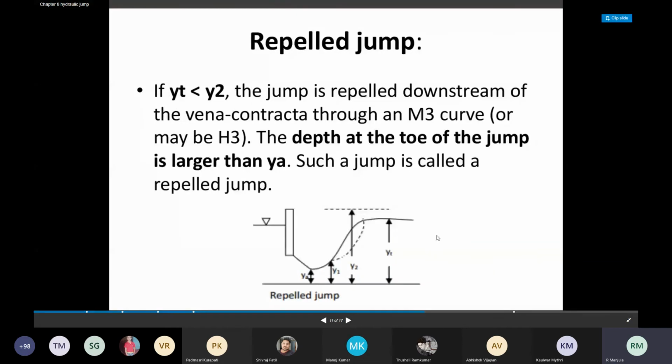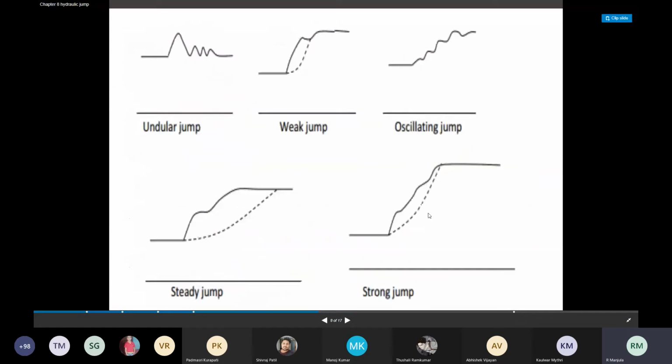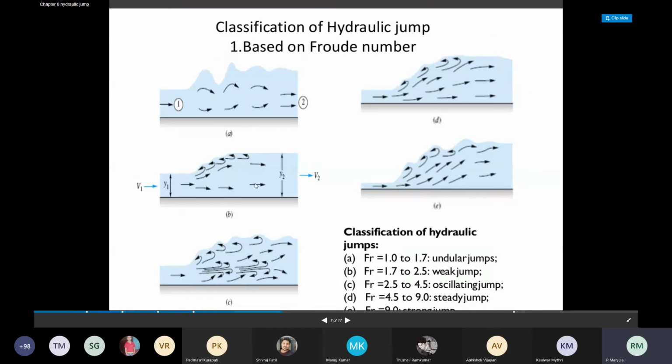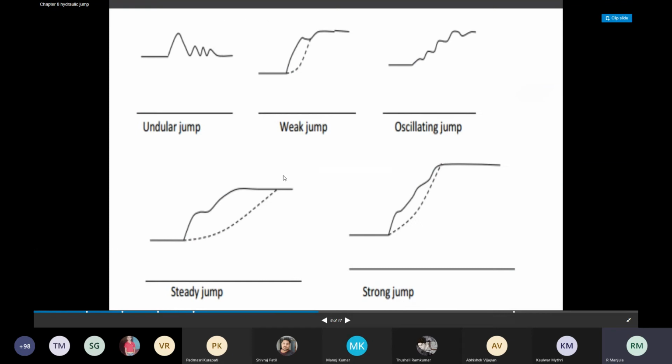You can see here where Y2 minus Y1 is. Y2 is the alternate depth after the jump, and Y1 is the depth before the jump. The difference between these two, Y2 minus Y1, is called your height of the jump.